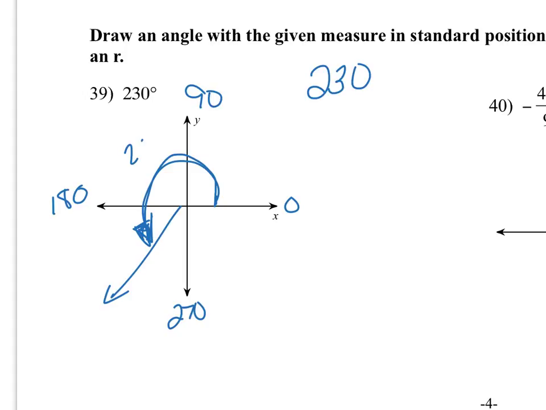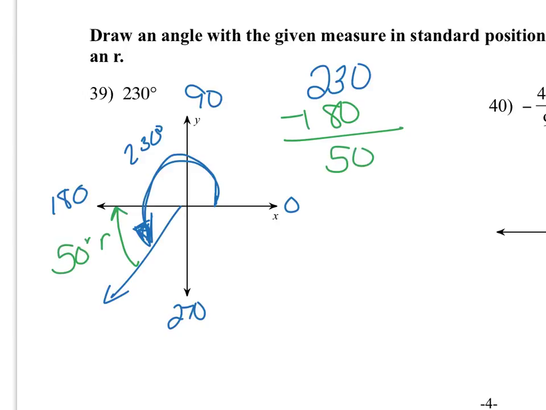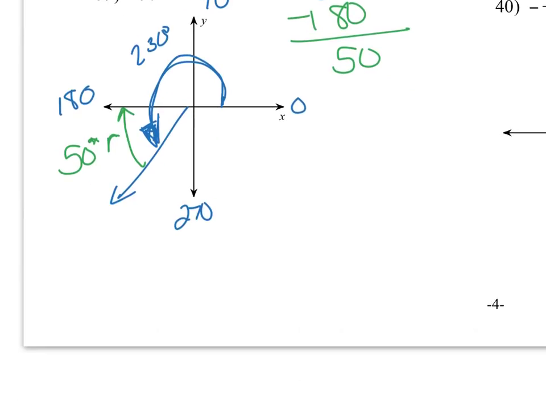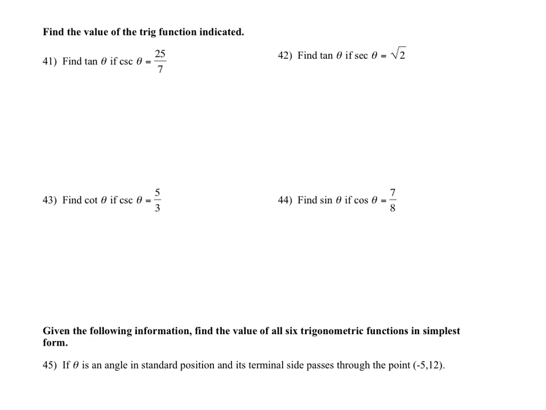That's 230. And they want us to label the reference angle with an R. Right here is the reference angle. You need to actually find it. So it's minus 180, so that is 50. So 50 degrees is your reference angle, and I'm labeling it with an R.